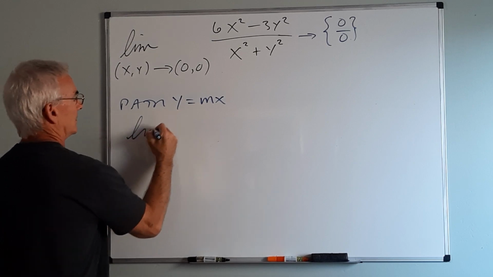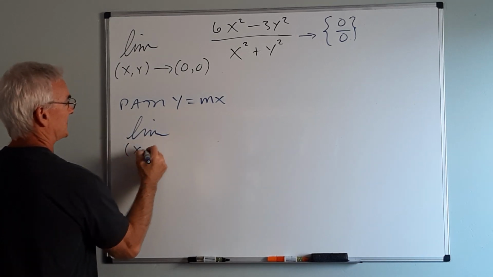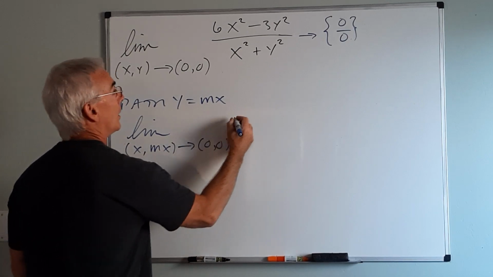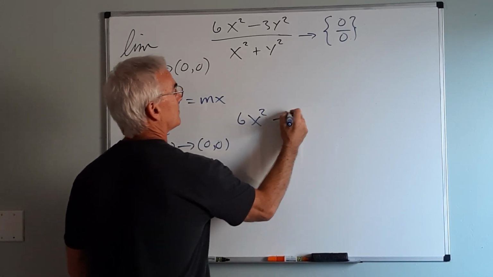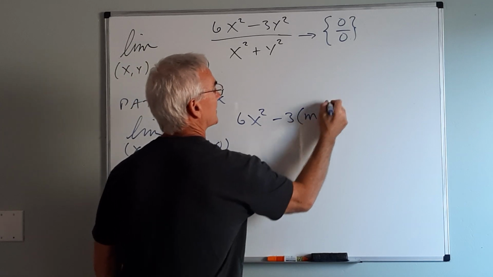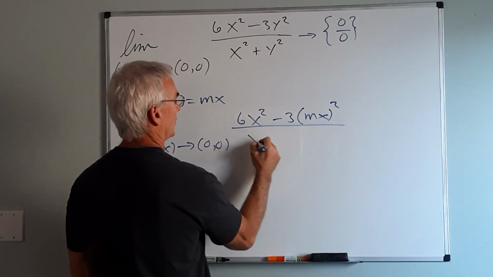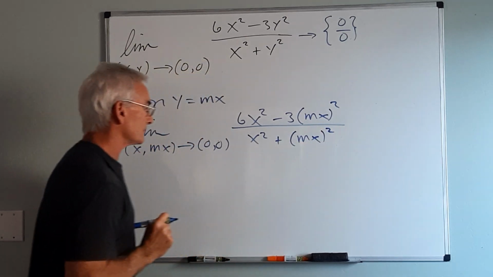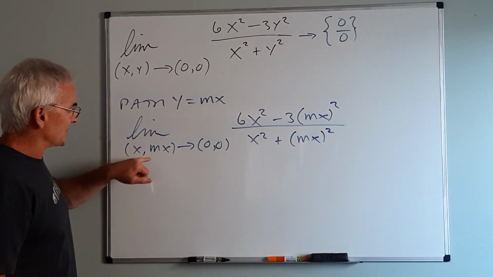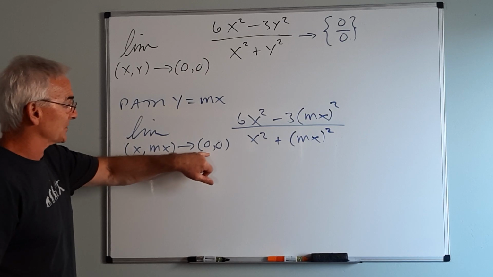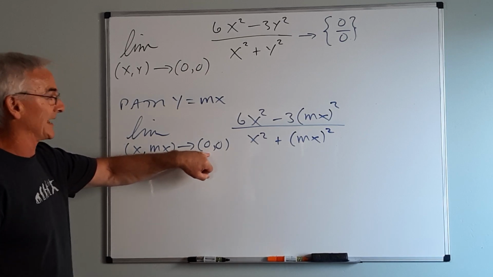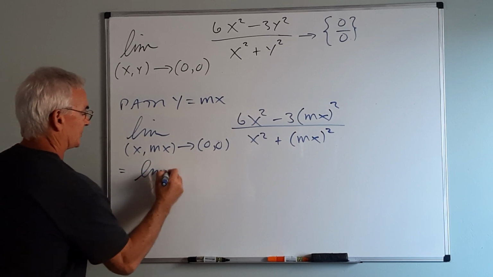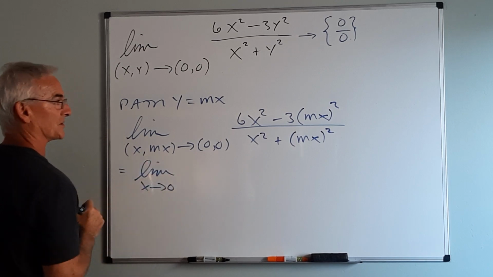So that will yield the limit as (x, mx) approaches (0, 0) of 6x squared minus 3 times (mx) squared over x squared plus (mx) squared. Now at this point, if (x, mx) is approaching (0, 0), that's the same as simply saying x is approaching 0. So this will be equal to the limit as x approaches 0.